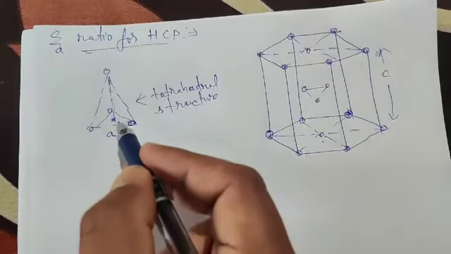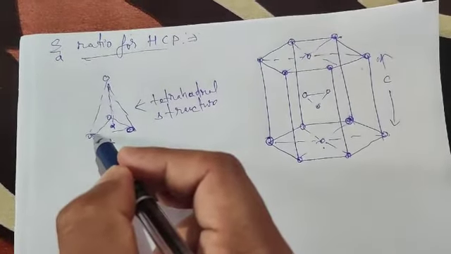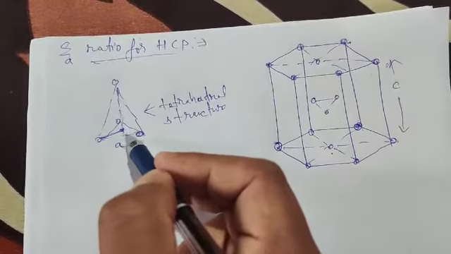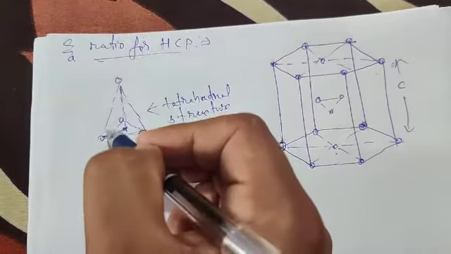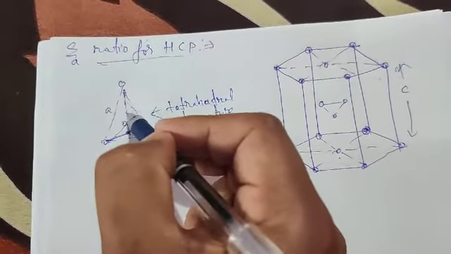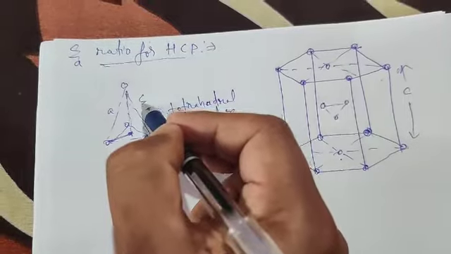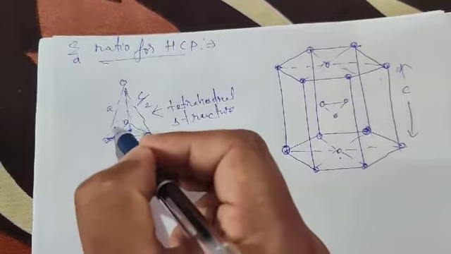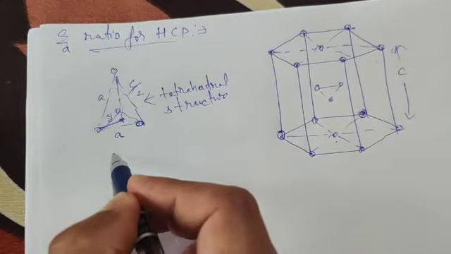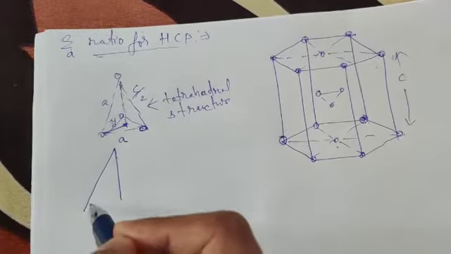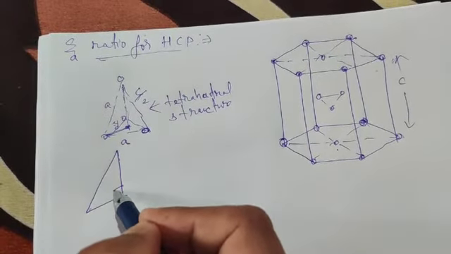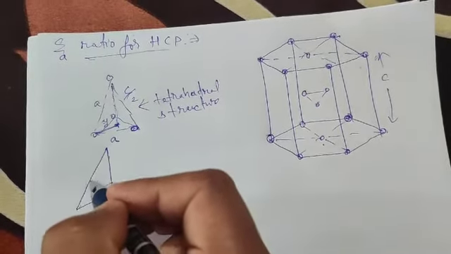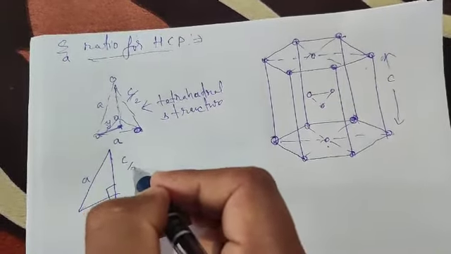So if you consider this triangle, to this point this is perpendicular, this is A, this will be C by 2, and this is unknown, this will be Y. This is perpendicular, so this will be a right angle triangle: this will be Y, this will be A, and this will be C by 2.